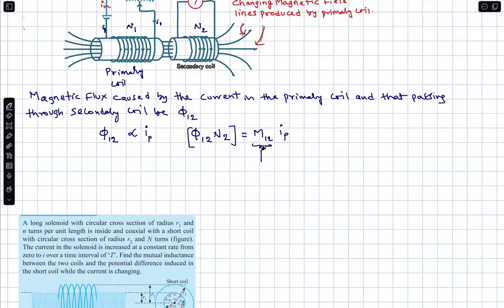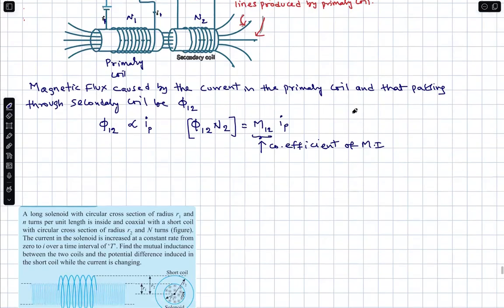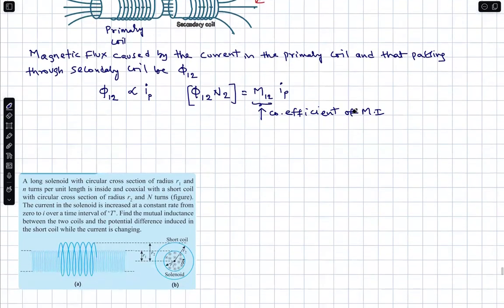This constant of proportionality is called the coefficient of mutual inductance. M here means mutual inductance, not moment of inertia.